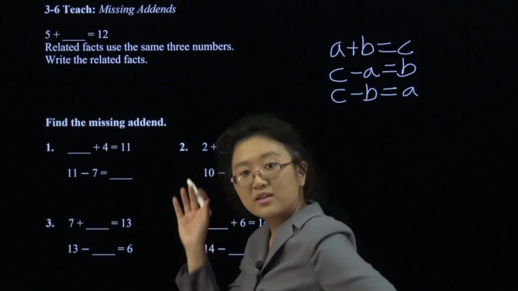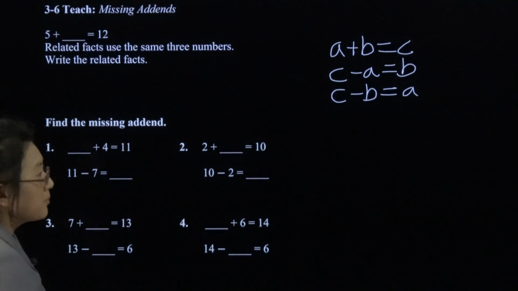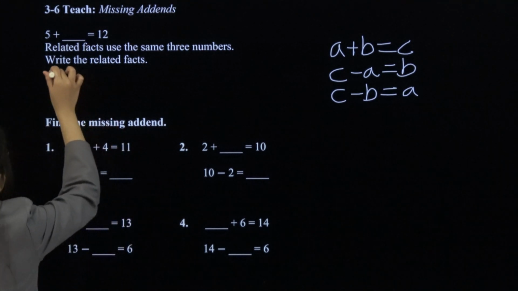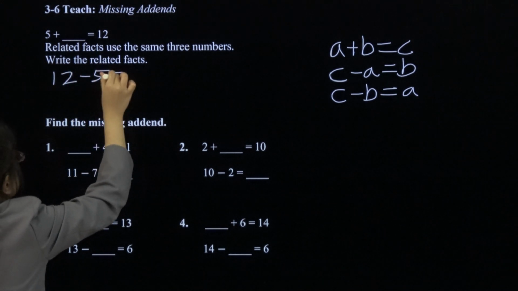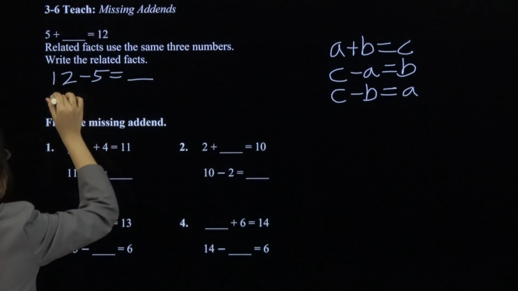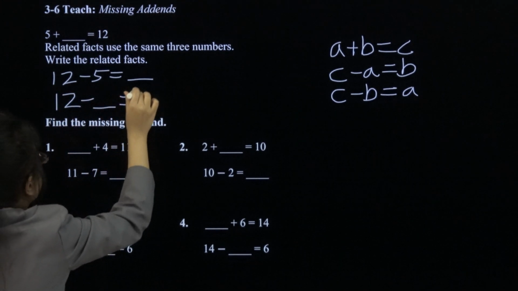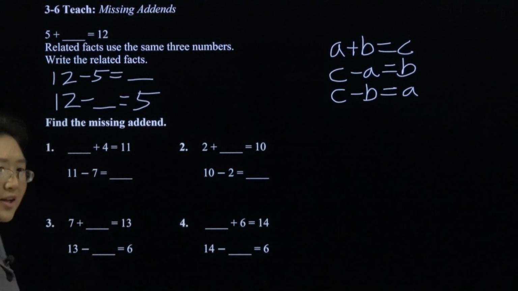Alright, so let's write some related facts. 5 plus something equals 12. That means that 12 minus 5 equals that something. And that 12 minus that something equals 5. So, what is that something?